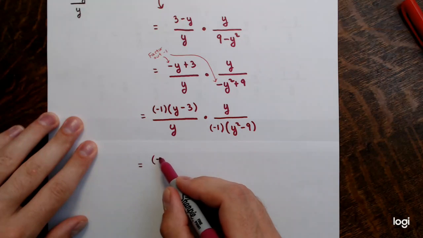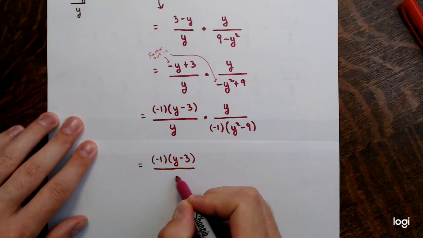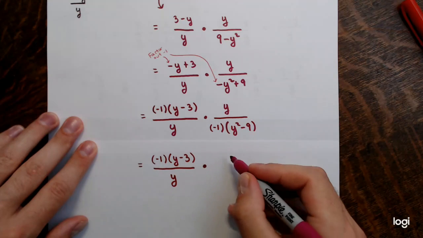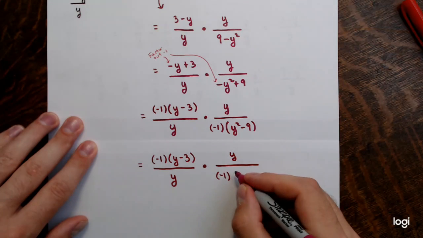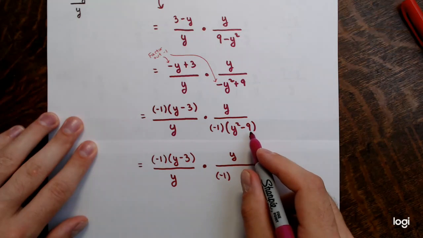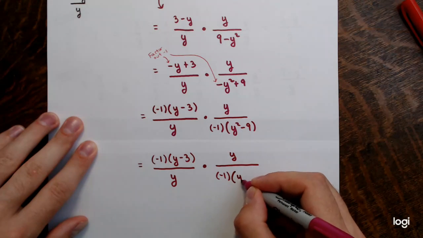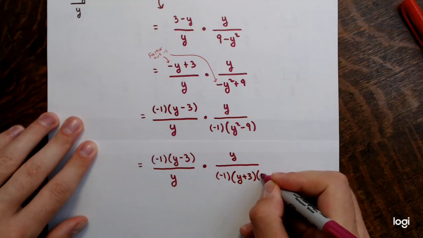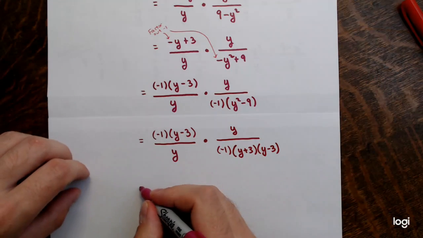I've got a factor of negative 1 times y minus 3 over y times y in the numerator here, divided by negative 1. And then this y squared minus 9 factors further. That's y squared minus 3 squared. That'll factor to y plus 3 times y minus 3. Okay.